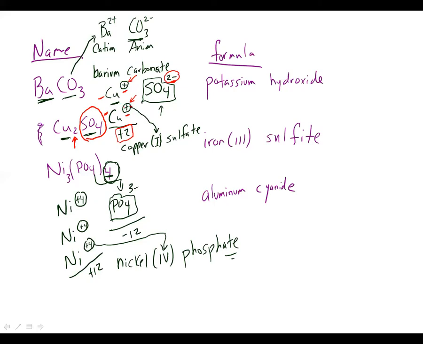Remember that when we write the Roman numeral, it's for the charge on the metal. It's the positive charge on the metal, not how many of those metals you have. A very common thing people think is they see the 2 in the formula and go, oh, I have 2 coppers, so the Roman numeral should be 2. It's not how many you have, but what the actual positive charge would be if you took one of those metals out.